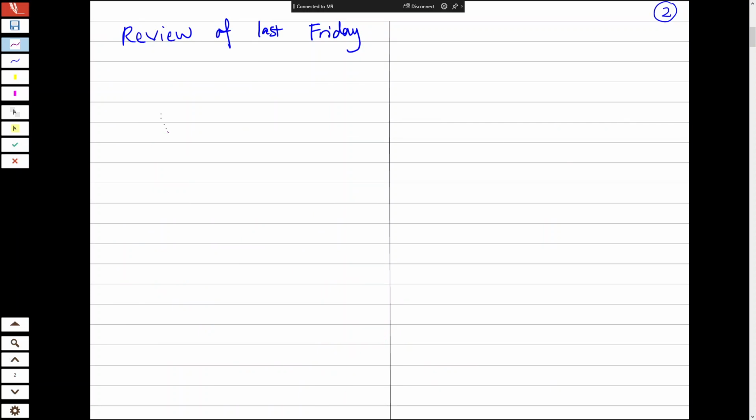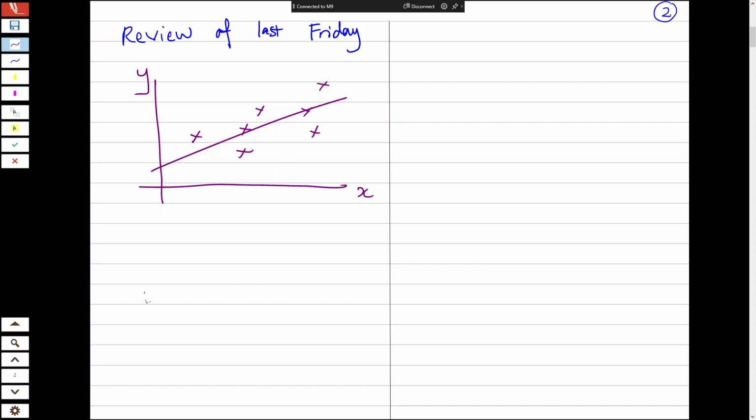Yep, I'll do a brief review. So if you forgot everything from last Friday, which is understandable, we forget things. The reason why we need to practice is to store things in our long-term memory, and then it's less taxing on us to do stuff. So, I've got some data. Those are the x's on the scatter plot.